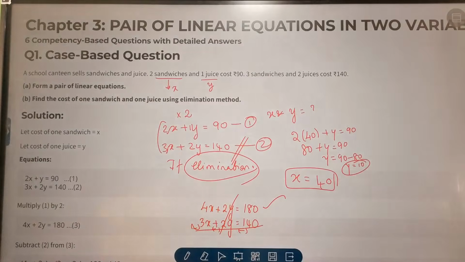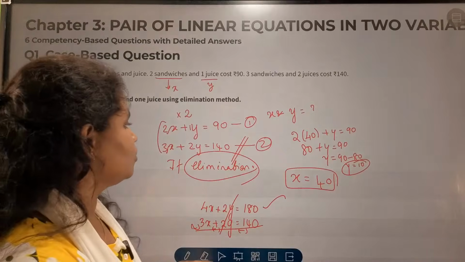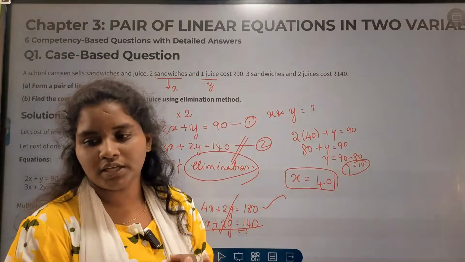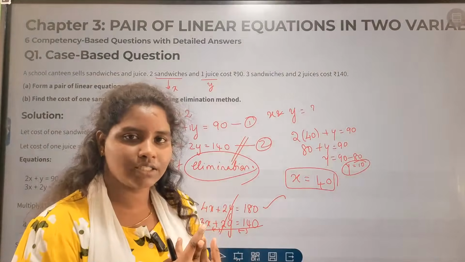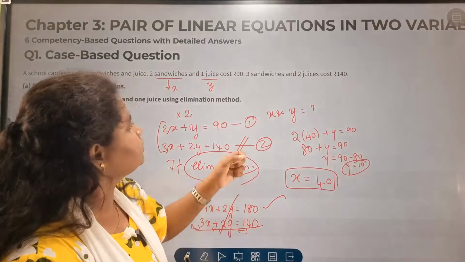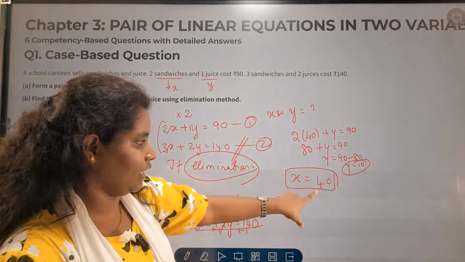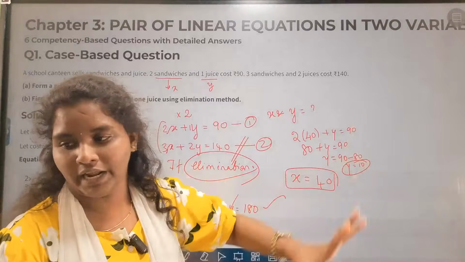So the answer is 40, 10. x is mentioned as sandwich and y is mentioned as juice. So the sandwich value is 40 and the juice value is 10, right?